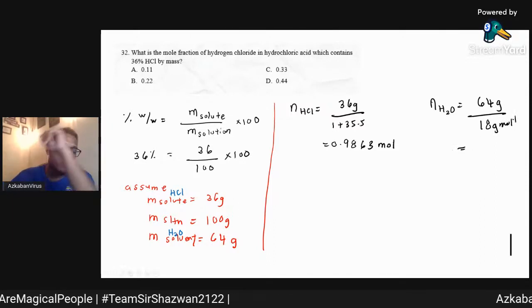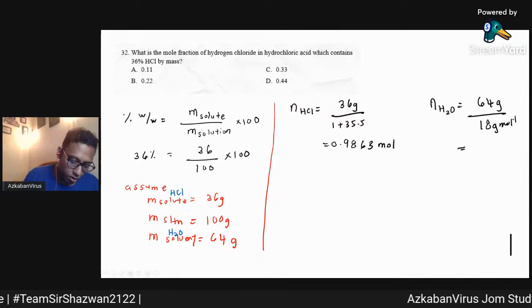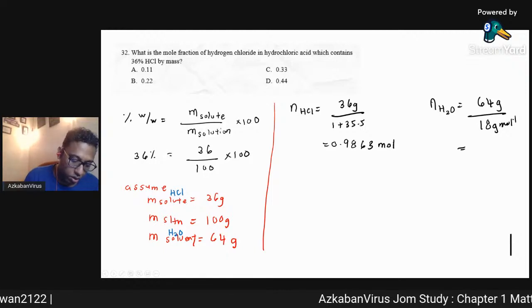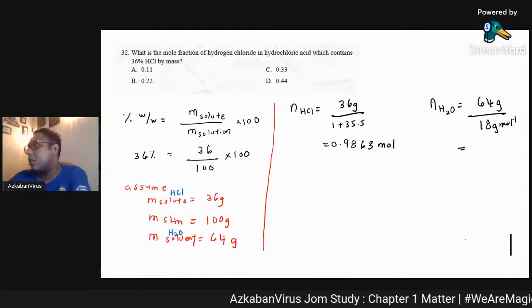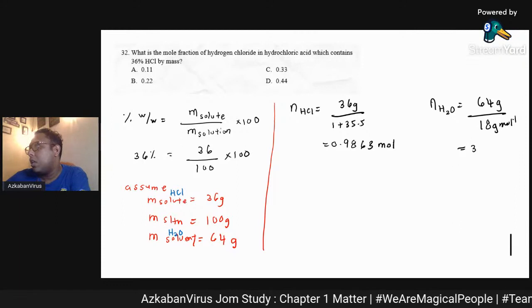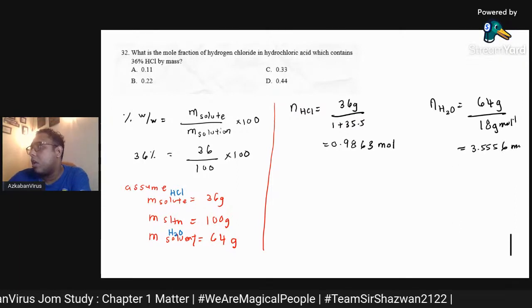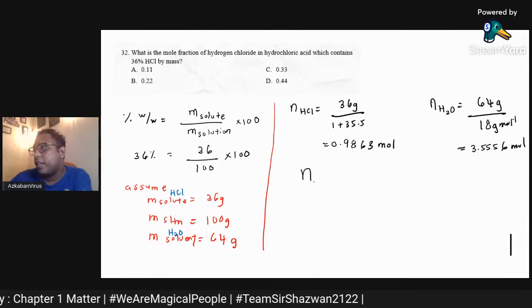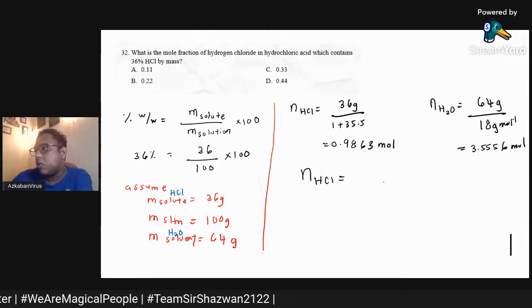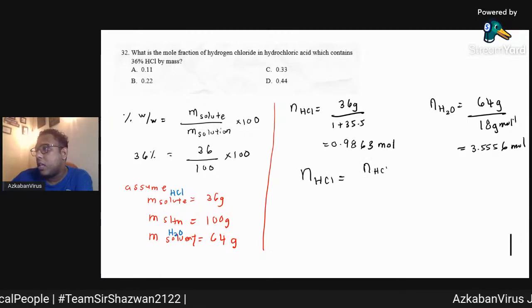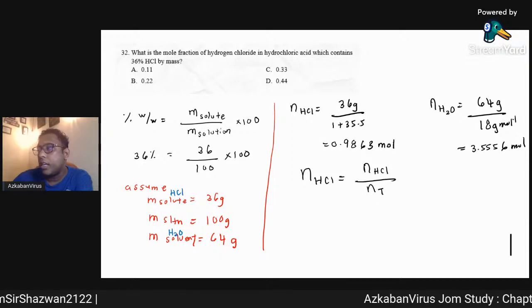Next, you boleh kira mole of H2O is equal to 64 gram divided by 18 gram per mole. This is equal to 3.5556 mole. Mole fraction of HCl is equal to n HCl bahagi n total.